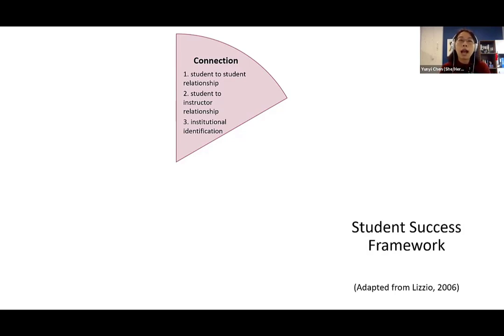So how to help our students make this meaningful relationship, making this connection will be something we need to contemplate as instructors and educators. Okay.